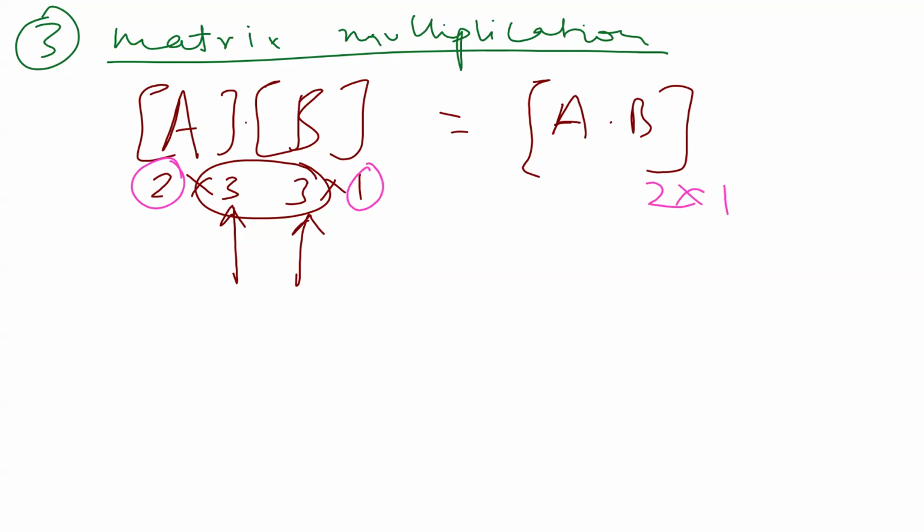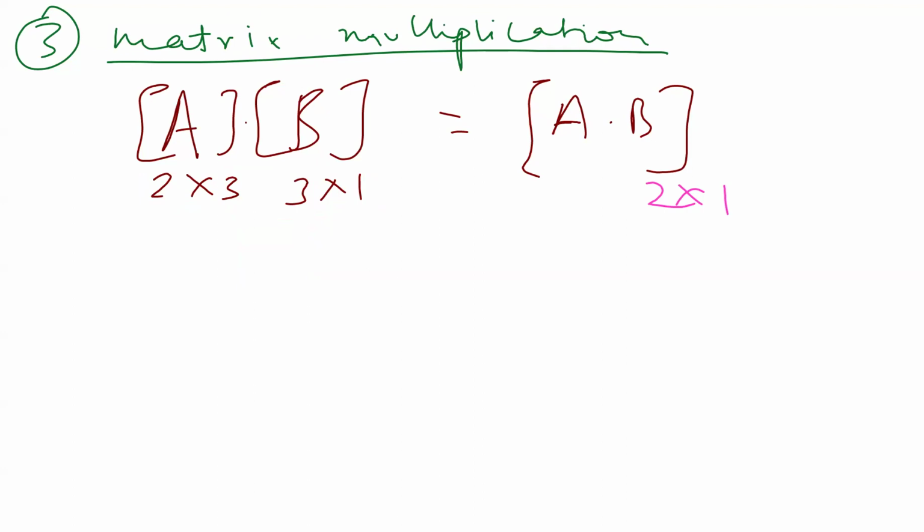Guys, did you understand this? Yes, sir. So the columns of the first matrix should be equal to the rows of the second matrix.